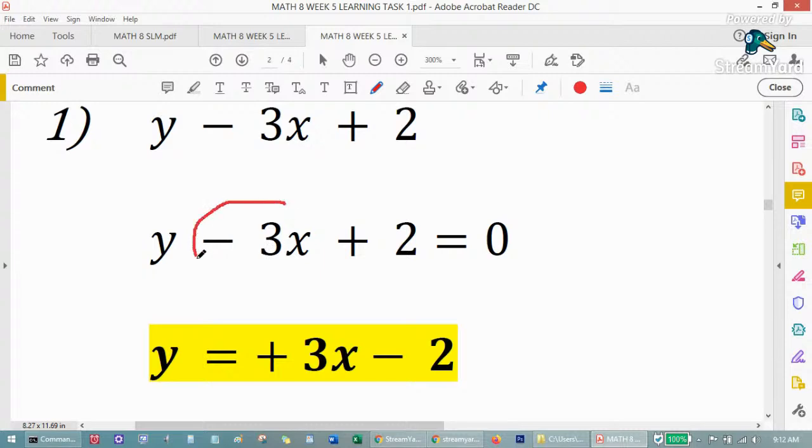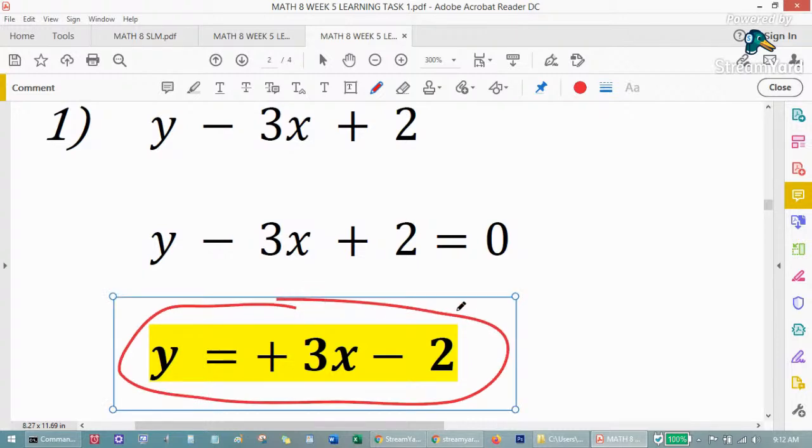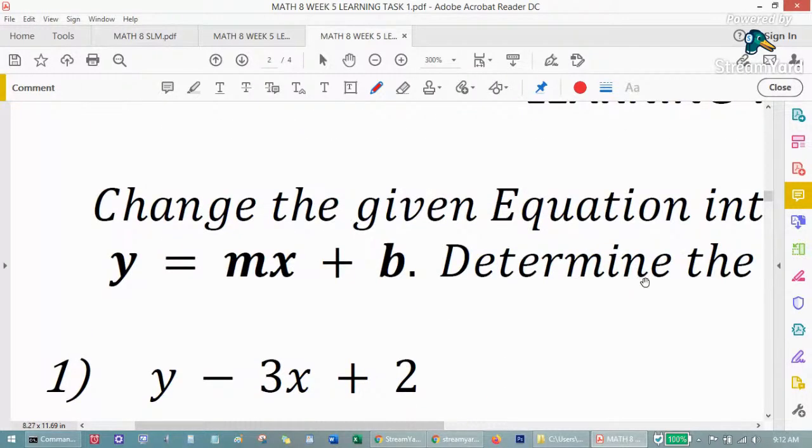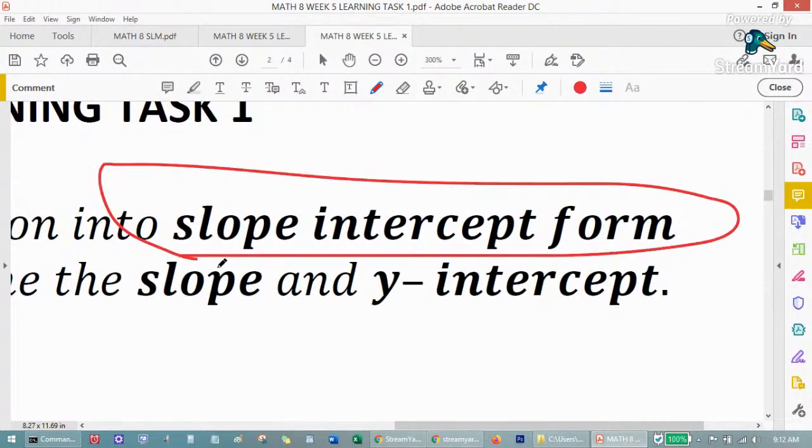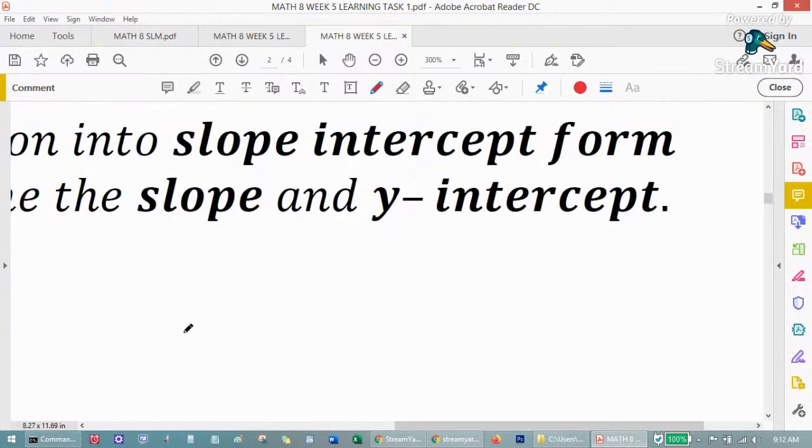So, ang ginawa natin is yung negative 3x, nilipat natin sa kabila, naging positive 3x. And then, itong positive 2, nilipat natin sa kabila, naging negative 2. So, this is the slope-intercept form.